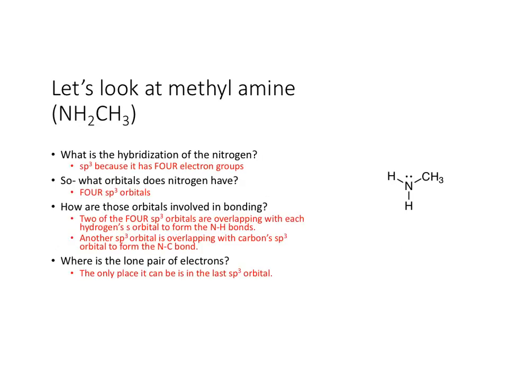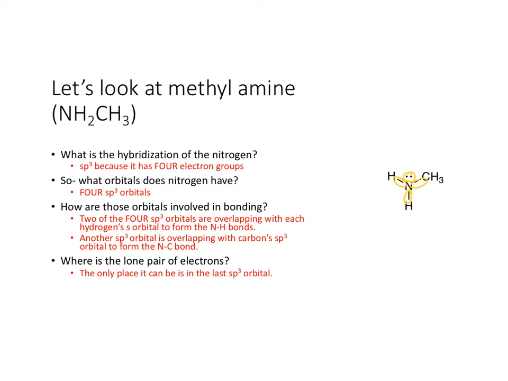The nitrogen is sp3 hybridized because it has 4 electron groups. It has a bond to this hydrogen, a bond to that hydrogen, a bond to that carbon, and a lone pair. So that's a total of 4 electron groups. Anything that is sp3 hybridized must have 4 sp3 orbitals. How are those orbitals involved in bonding?